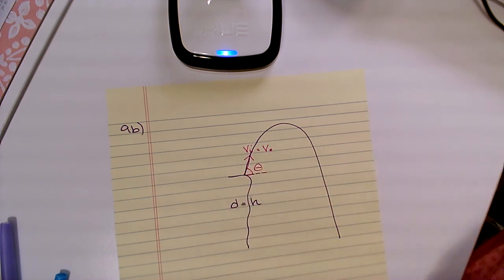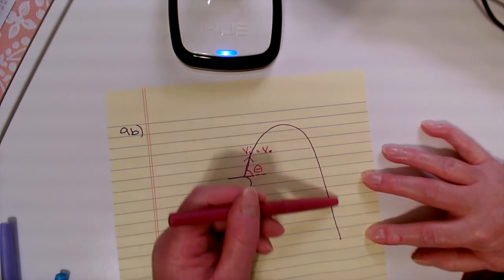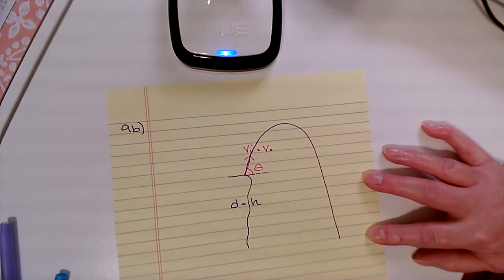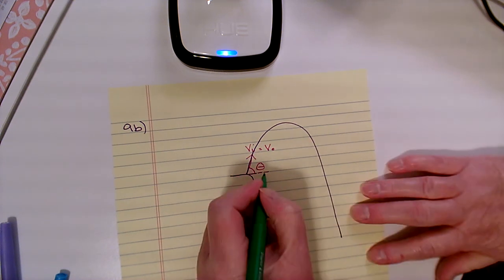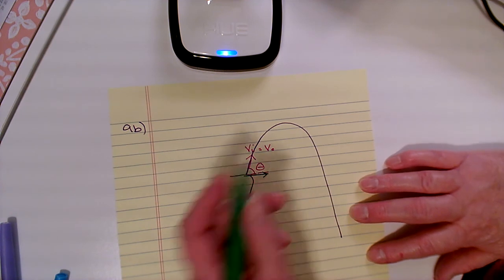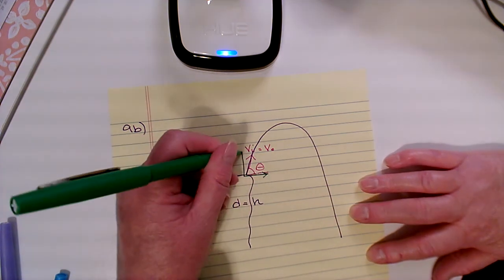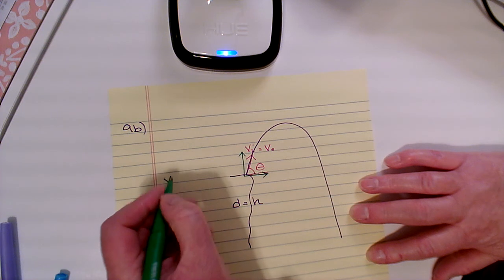And what we're trying to find is how long it takes to go up and down until it hits the ground in variables. So to do that, I'm going to start by finding my x and y components, but I really don't need the x component, so I'm not going to list that right now, but I do need the y component to find the time it takes to go up.